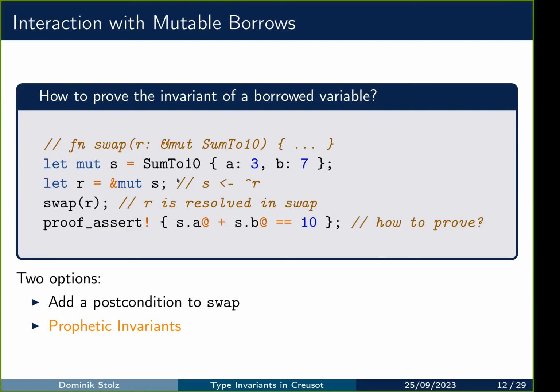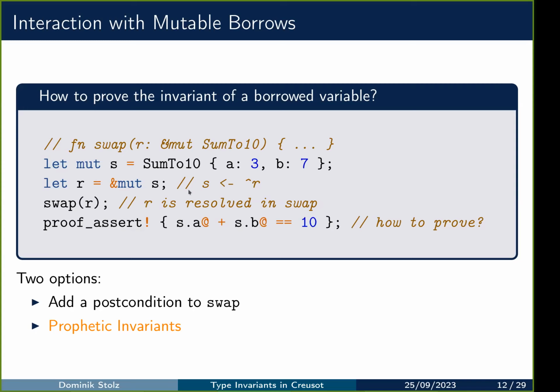And so to call this function, we first create a reference R of our sum to 10 value and pass that reference to swap. And the main question here is, how do we prove that the invariant of S holds after we call swap?